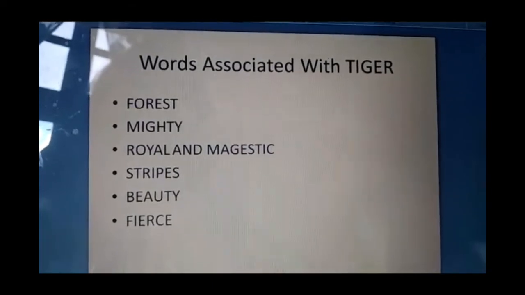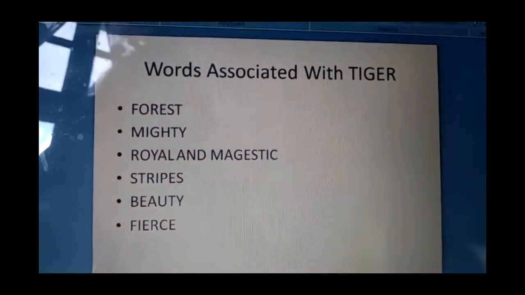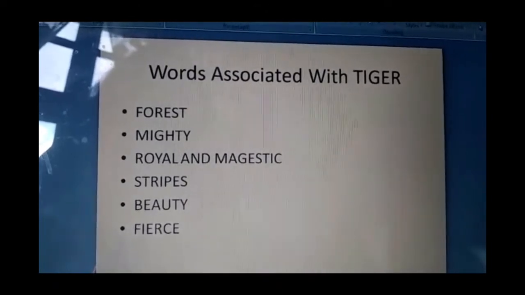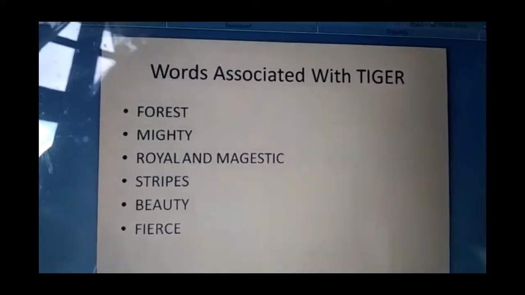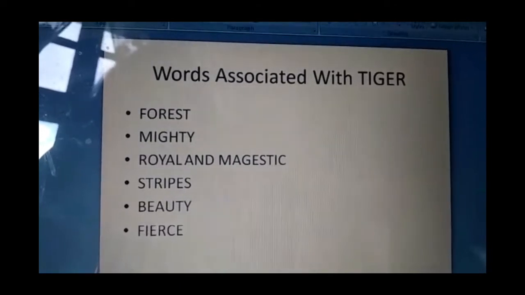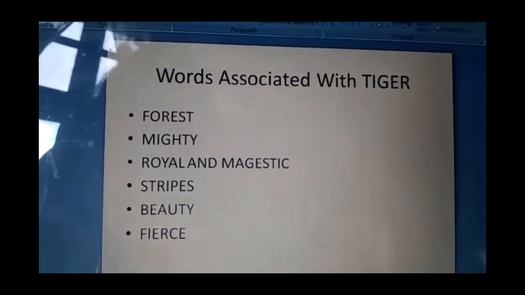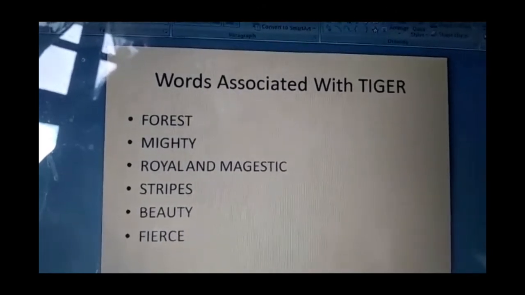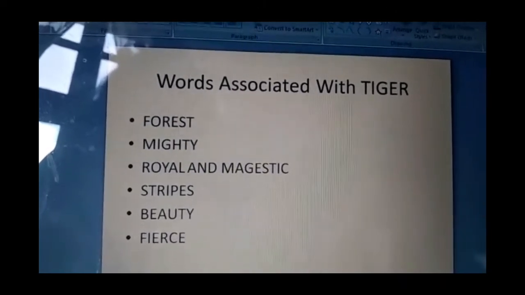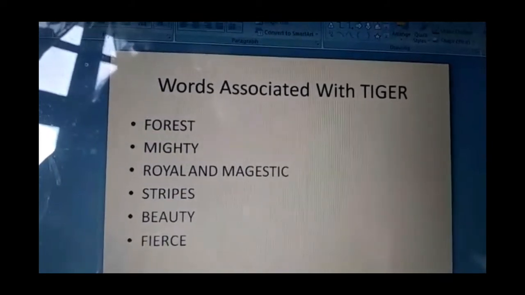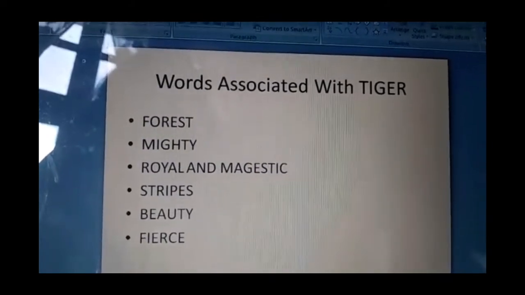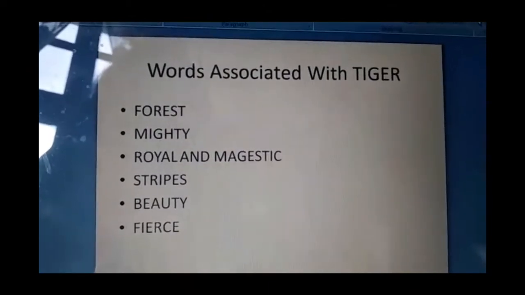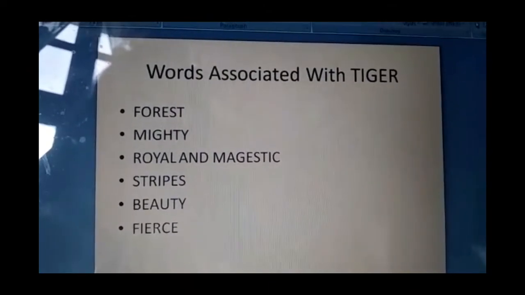He is mighty. Yes, a tiger is a beautiful animal with beautiful stripes that camouflage with the grasses in the grassland where he hides, where he seeks his prey. And when he's seeking his prey, we see the fierce nature in him.